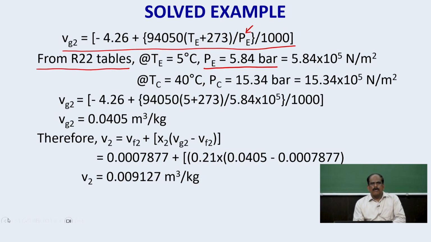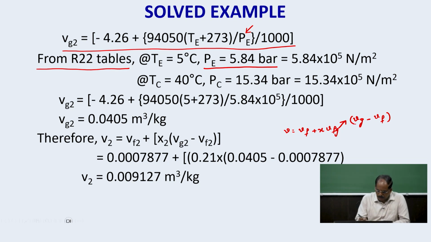Now I am calculating the specific volume by using the dryness fraction. V equals VF plus X into VFG, where X is the dryness fraction, and VFG can be written as VG minus VF. Since it is a two-phase region, we should know the liquid specific volume as well as the vapor specific volume.